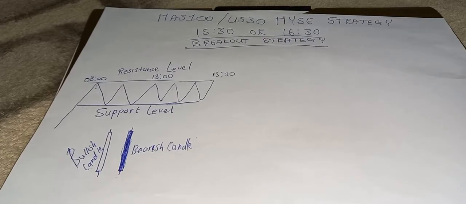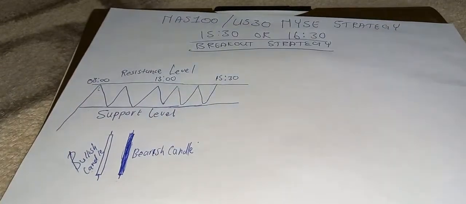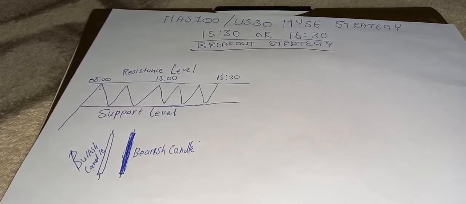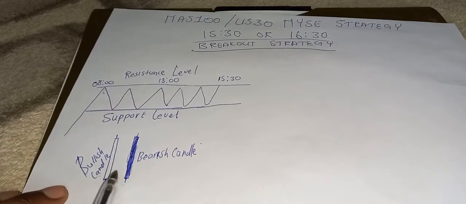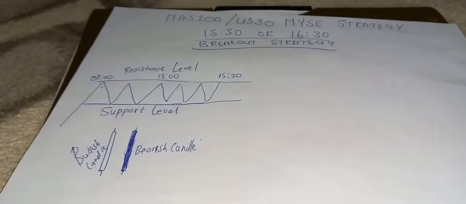Take note that the reason why I'm doing this is because I want you to see that these two candles are not the same. These two candles take place around 3:30, because they are long candles that you will see in the market, and they have a high volatility impact because of the news.